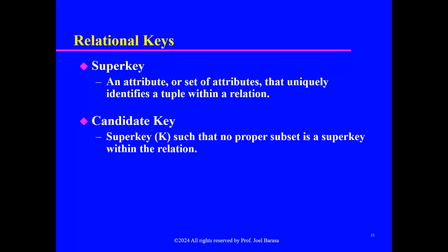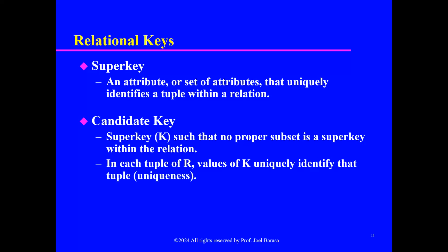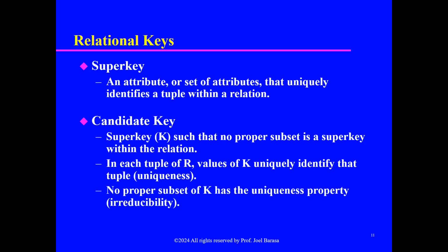So when you have a table where the field that was representing a super key has no proper subset that is a super key, it now becomes a candidate key. So meaning that each tuple's value is uniquely identified within that row. So no proper subsets are involved.